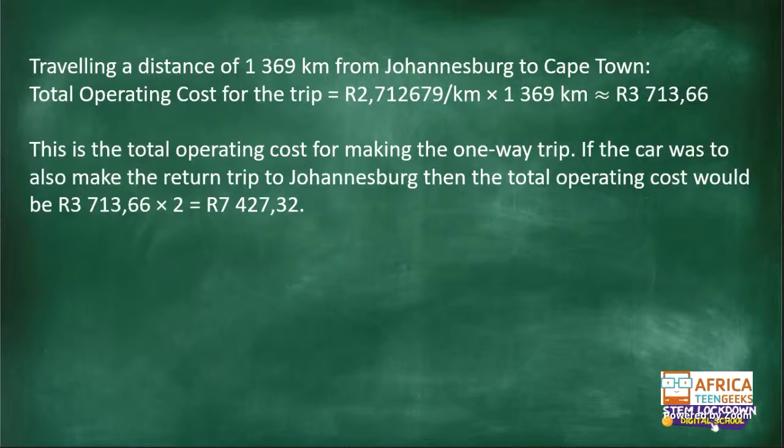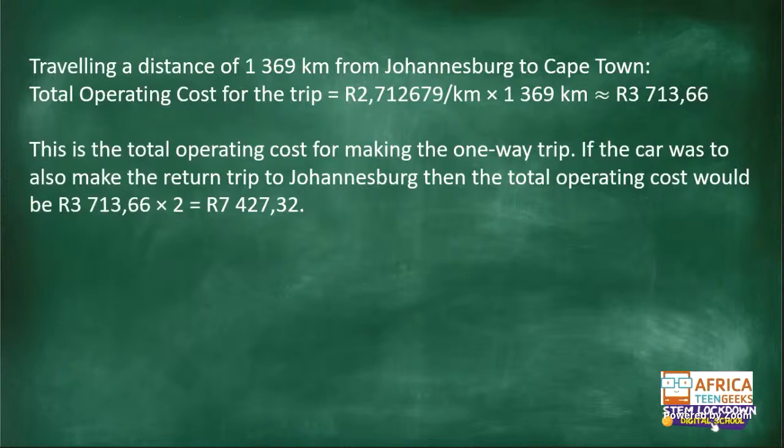Now, if the car was to also make the return trip to Johannesburg, then the total operating cost will double. So you multiply 3,713 rand and 66 cents by 2, and the final amount will be 7,427 rand and 32 cents.